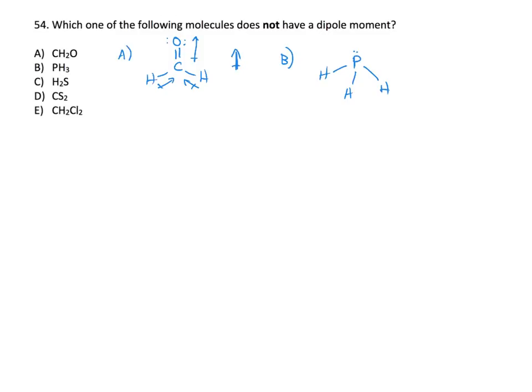However, there will be a weak dipole moment, and because of the shape of this molecule, because it's not symmetric, those dipoles will cause a very, very small net dipole for that compound.